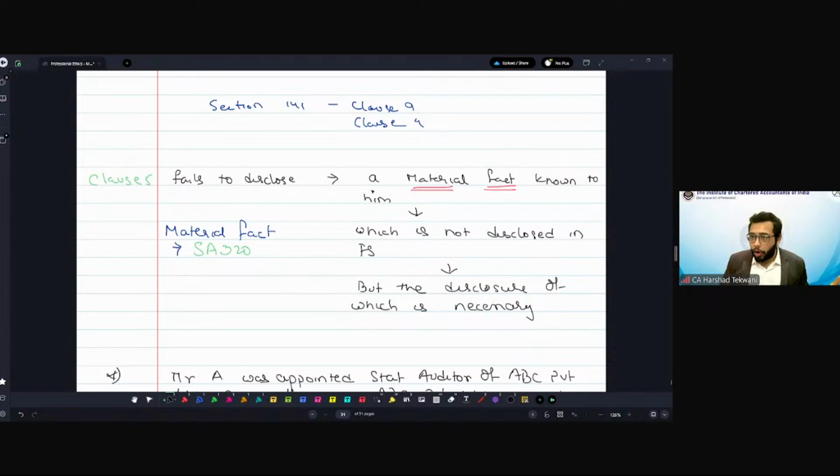I never knew about that company, and somehow, let's say for example, by mistake, by some accident, I come to know about a particular thing which is not disclosed in their financial statement. In that case, yes, I'm not associated in a professional capacity with that company. There is no requirement upon me to disclose that material fact. In that case, this clause will not get attracted.